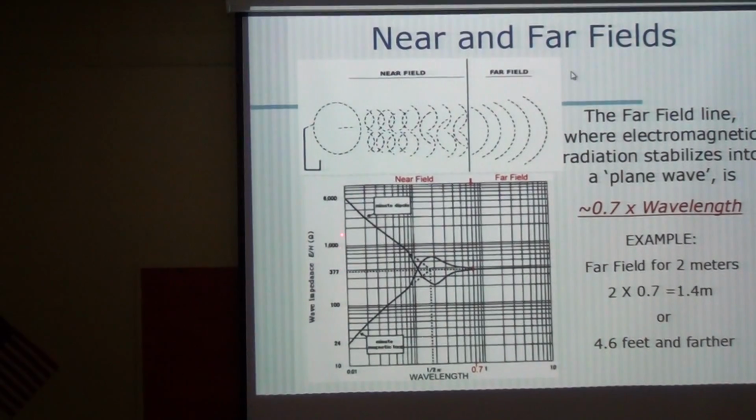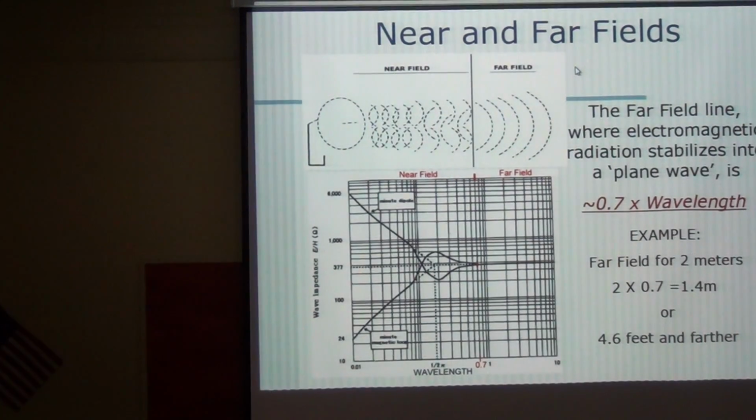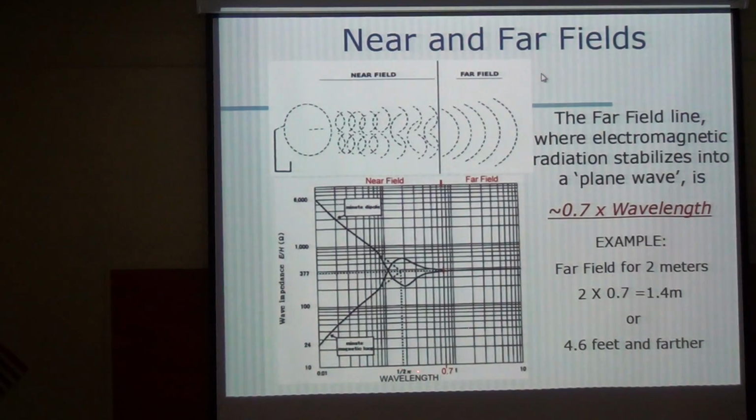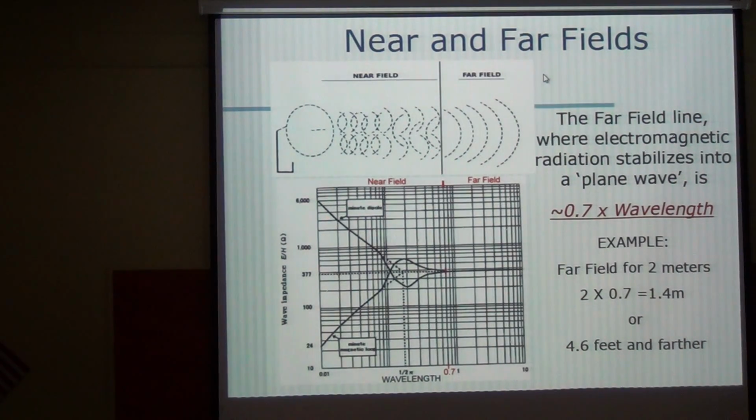This side of the graph is where your antenna is, on one side you're seeing wave impedance, and out here is a ratio of the wavelengths. The electric field impedance and the magnetic field impedance vary as you move away from the antenna. The bottom line is that at 0.7 wavelength, everything comes together, everything gets constant, and your electromagnetic wave moves through space at an impedance of 377 ohms.